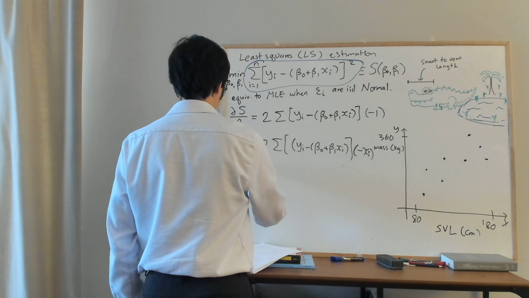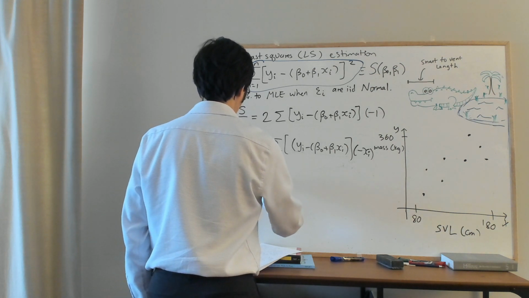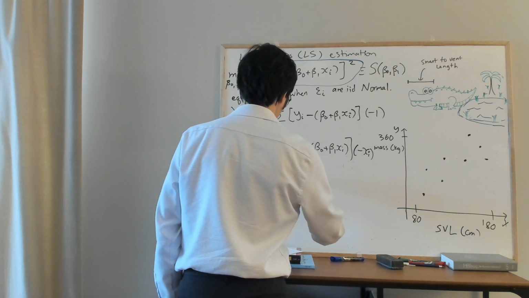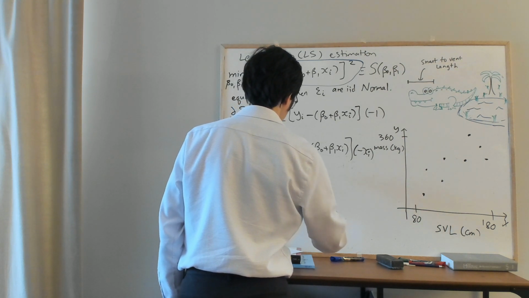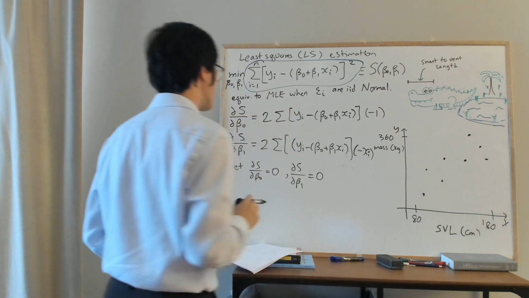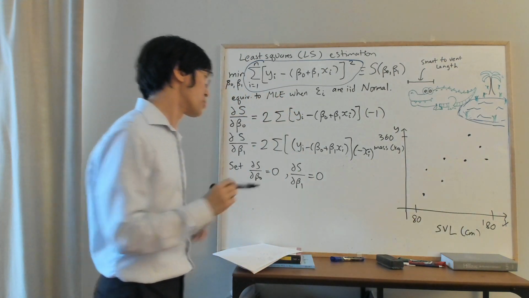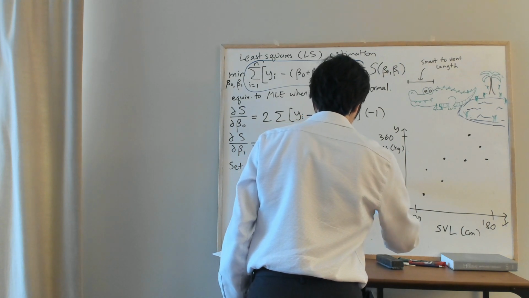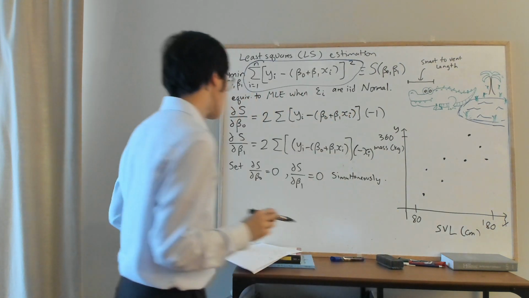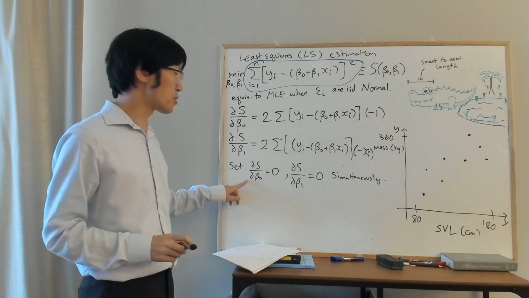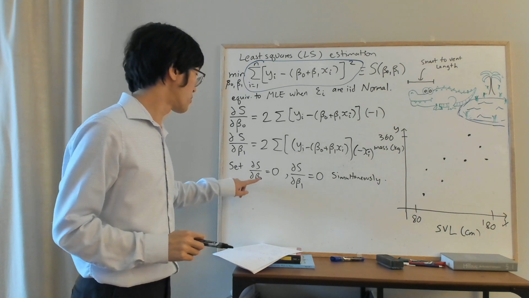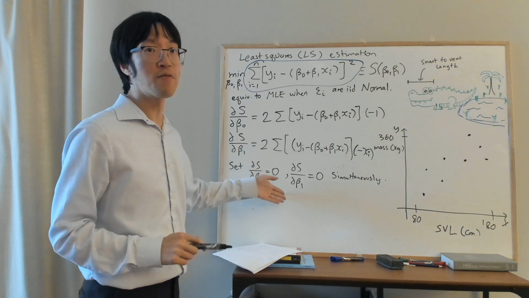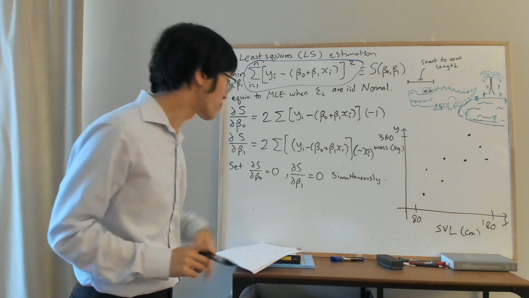So set the partial with respect to beta 0 to 0, and the partial with respect to beta 1 to 0, simultaneously, and then we will solve these equations to get the critical points for beta 0 and beta 1, because the function is convex. In fact, that gives us the minimum that we're looking for.